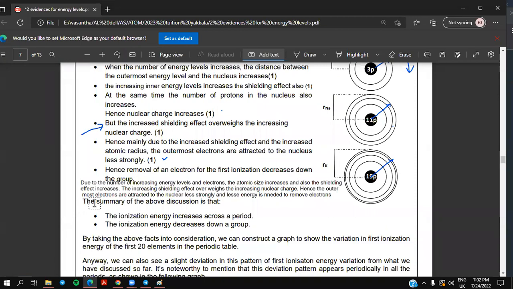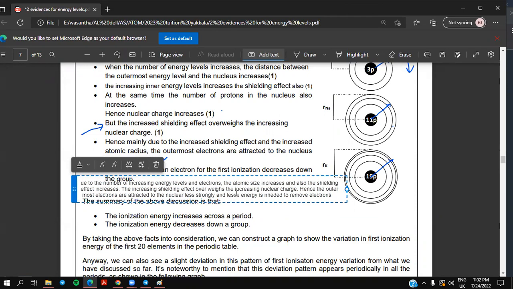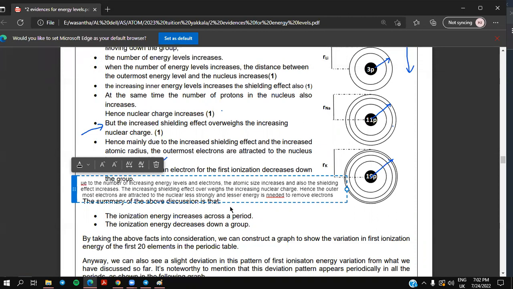Hence, the outermost electrons are attracted to the nucleus less strongly and less energy is needed. Lesser energy is needed to remove an electron. If you can remember this, I think it's better.